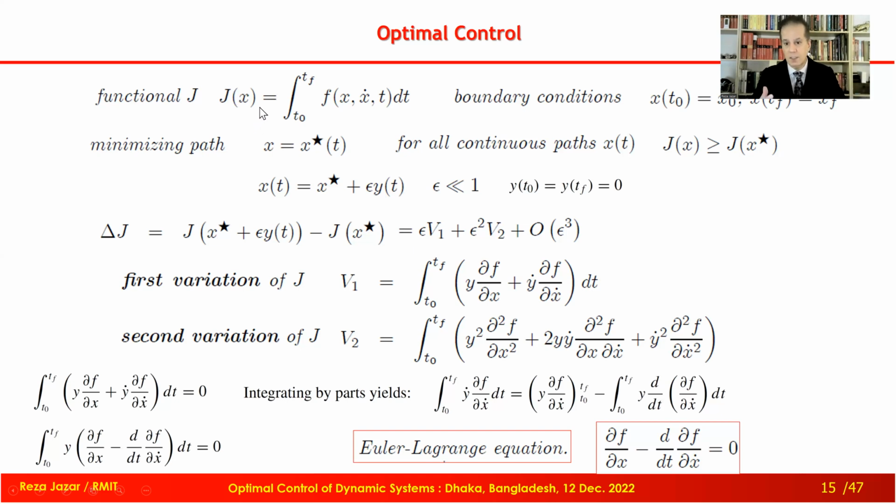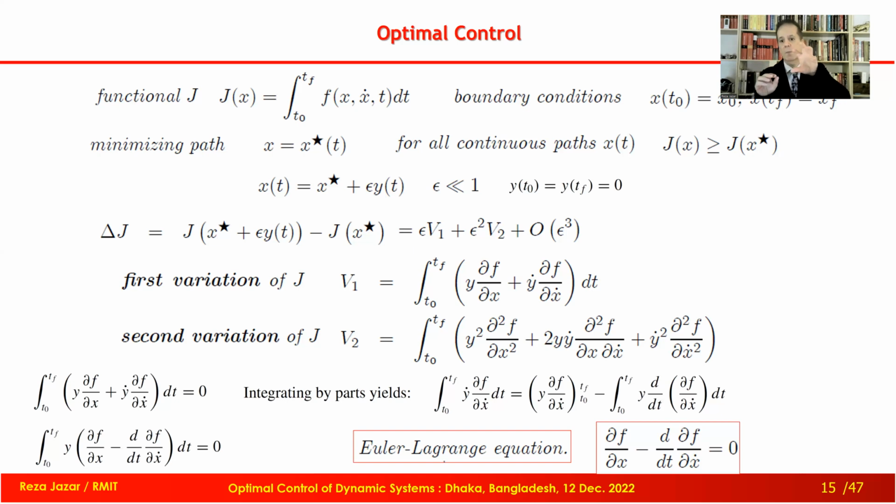Euler said let's assume that we have the solution. We don't have it, but let's assume we have the solution and indicate it with x star. So here, x star is the solution that we are looking for, and that solution minimizes the functional J. Now, Euler said, let's assume that we add some perturbation.